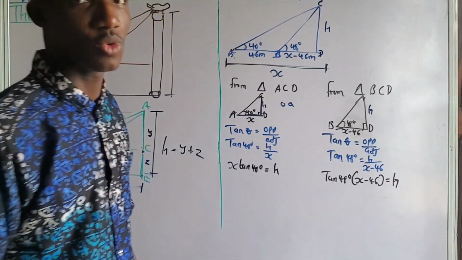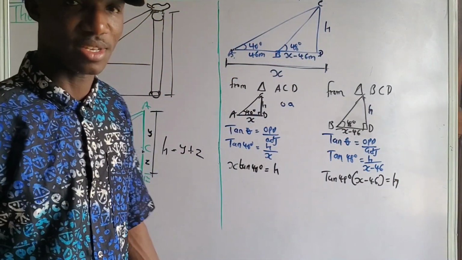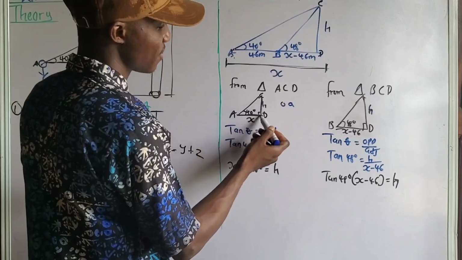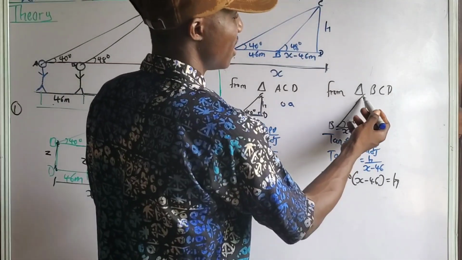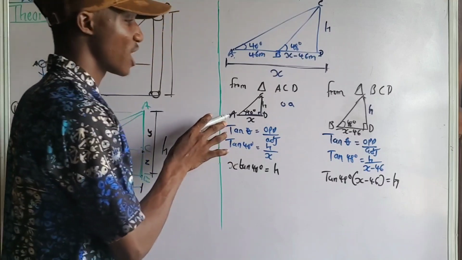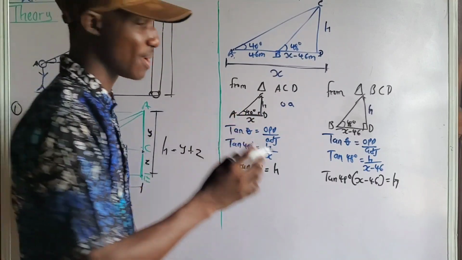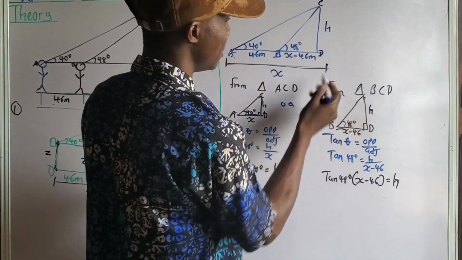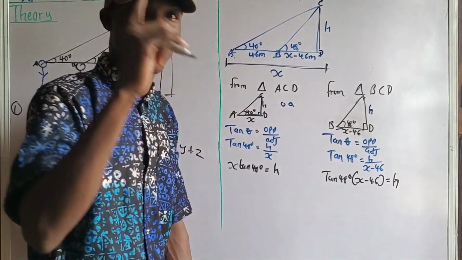Now, we all know that the height will still be the same. The height of the bigger triangle is the same as the height of the smaller triangle. That is, the height of triangle ACD is the same height as triangle PCD. Do we have two heights? We only have a single height.